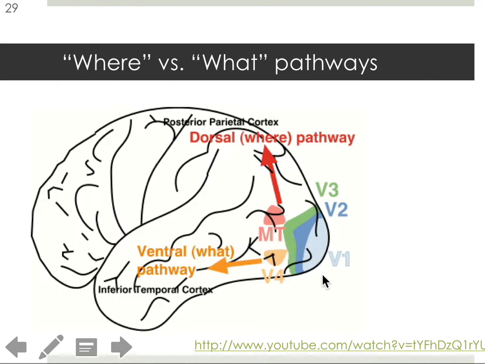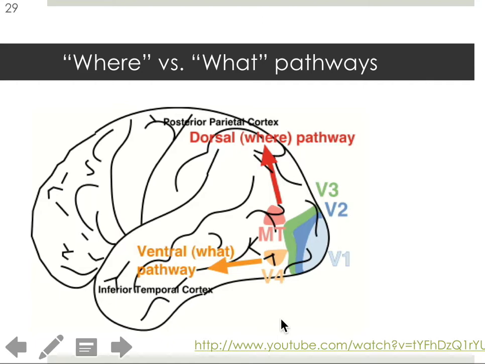Right. So the what pathway is ventral, and the where pathway is dorsal. And a few of the key players in the dorsal and ventral pathways are area MT, right, which is responsible for visual motion, like we just said, and area V4, which is all the way towards the inferior temporal cortex, which is responsible for the what pathway. So object recognition in the visual system.